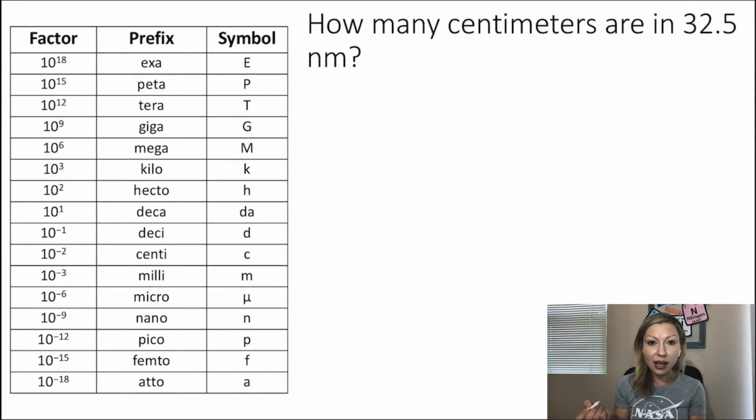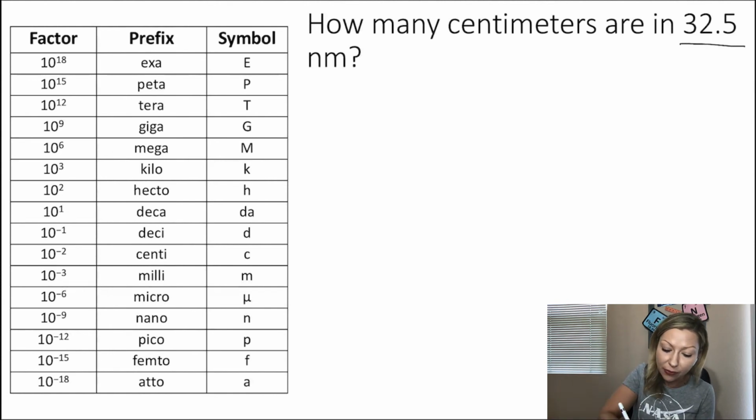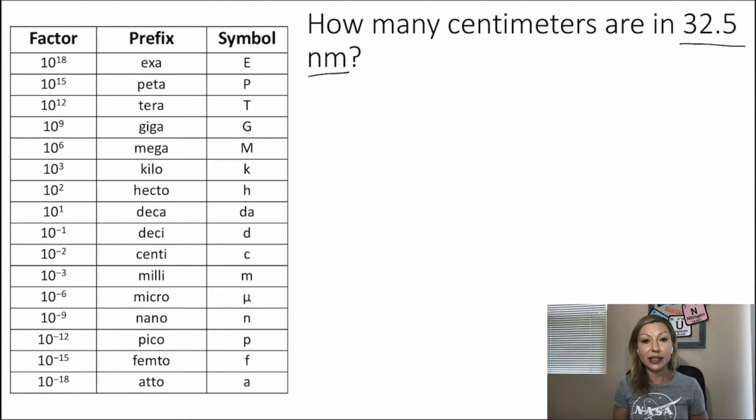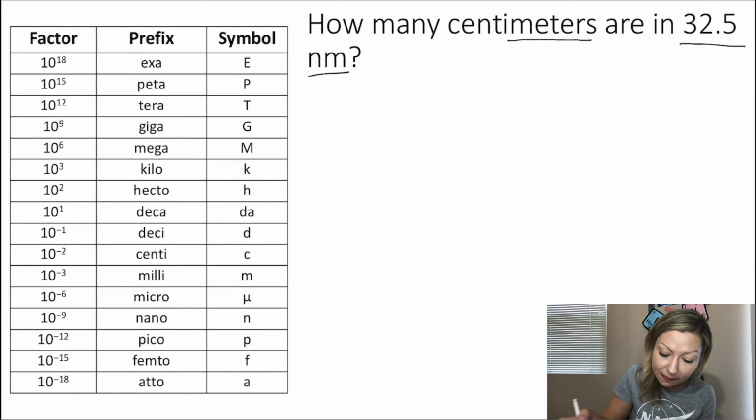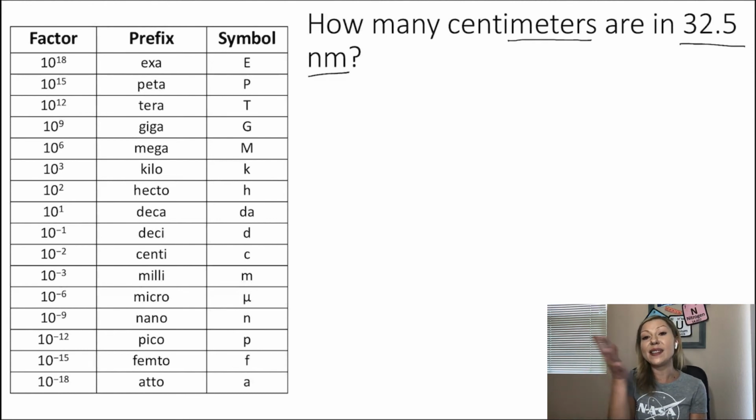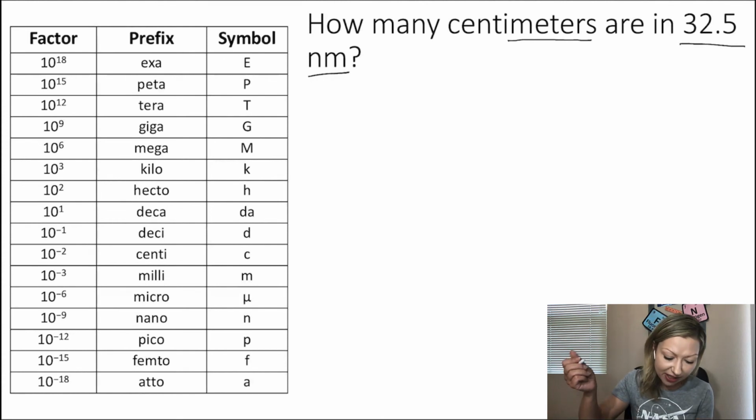So here we are asked how many centimeters are in 32.5 nanometers. So what is our base unit here? Base units are meters. Let's try to find the centi and the nano in our table. So where is the centi?